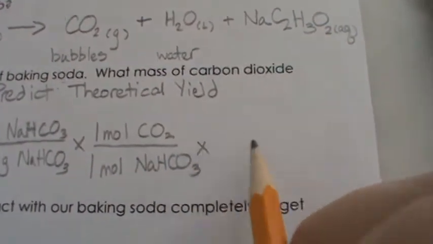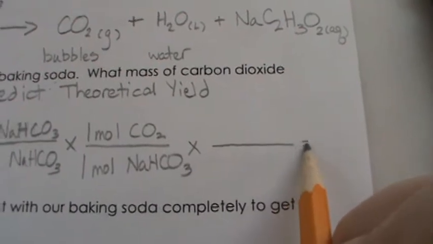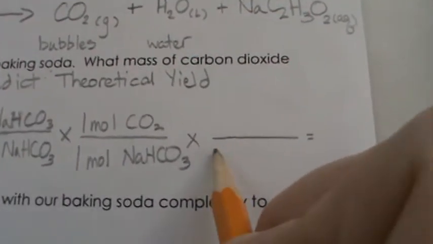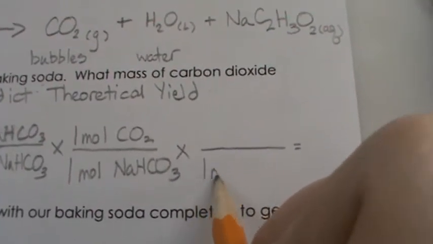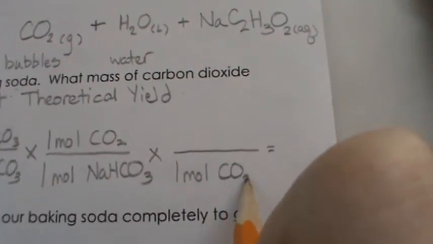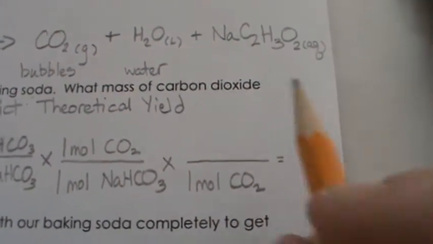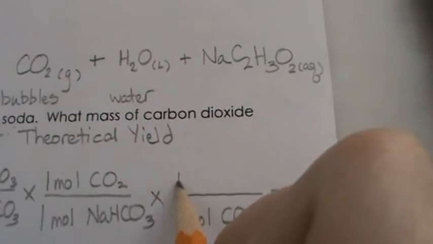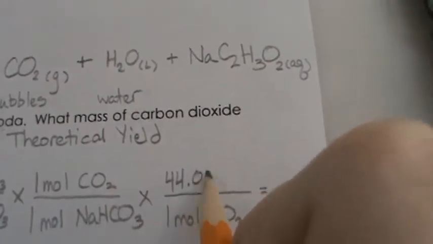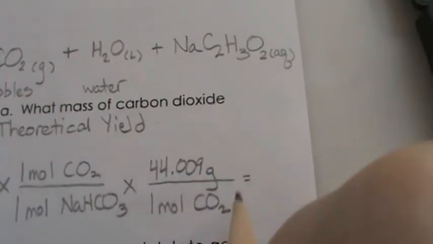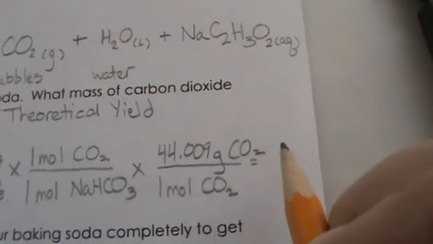Okay. And now we'll finish it out with a molar mass of our carbon dioxide. So we have 1 mole of CO2, and I did this on the other page. You guys watched me do that, and that's 44.009 grams CO2 per mole.